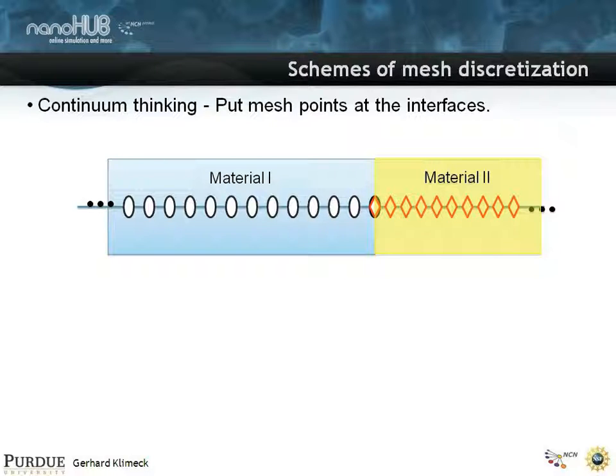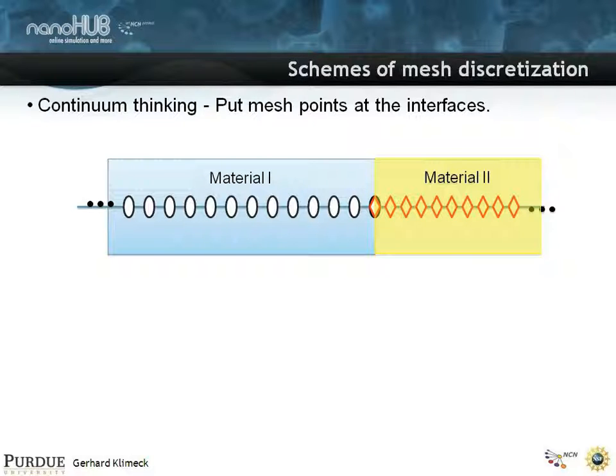In continuum approaches, finite difference, finite elements, what you typically do is put the mesh point on the interface, because you think of material A to B, the interface being a well-defined line. That's what you do in continuum with real meshing algorithms.